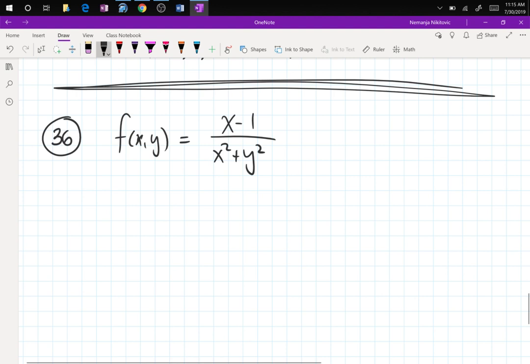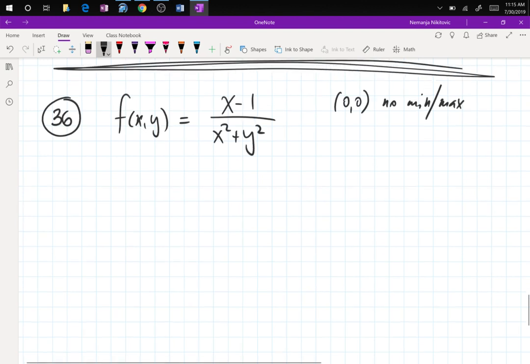We also have to kick it off the list, because if you have 0, 0 as a point, there is no function value there because the denominator is equal to 0. So 0, 0, no min, max. So that's where we start.